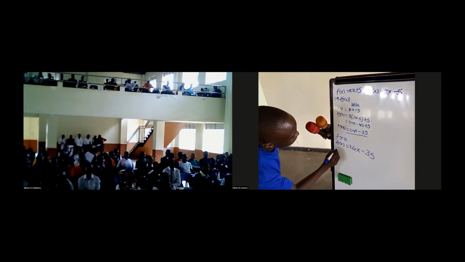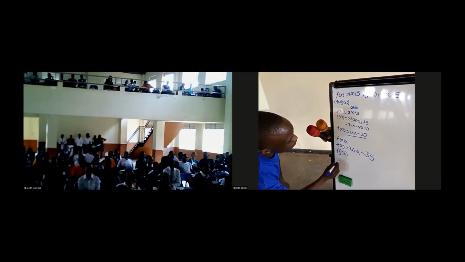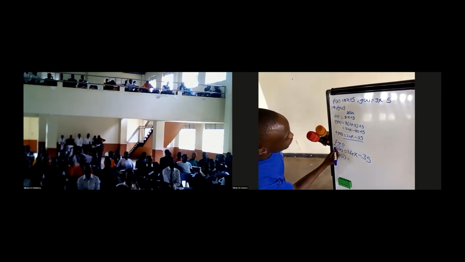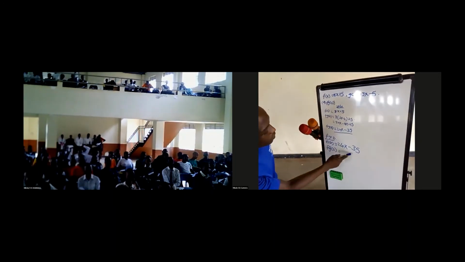Now they want fg of 2. In this case, I'm going to substitute 2 where there is x. To solve this part B, I'm going to substitute 2 where there is x in this equation of mine.